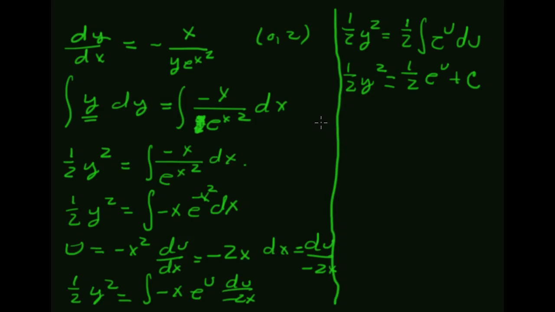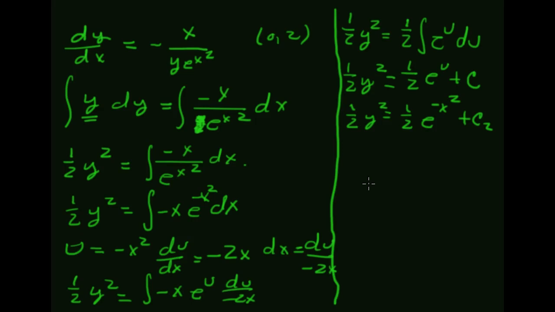Let's switch back from u's to x's. So that's going to give me 1/2 y squared is 1/2 e to the negative x squared plus, now the constant has to change there, right? Because we're back to x's, so we're going to call that C2.